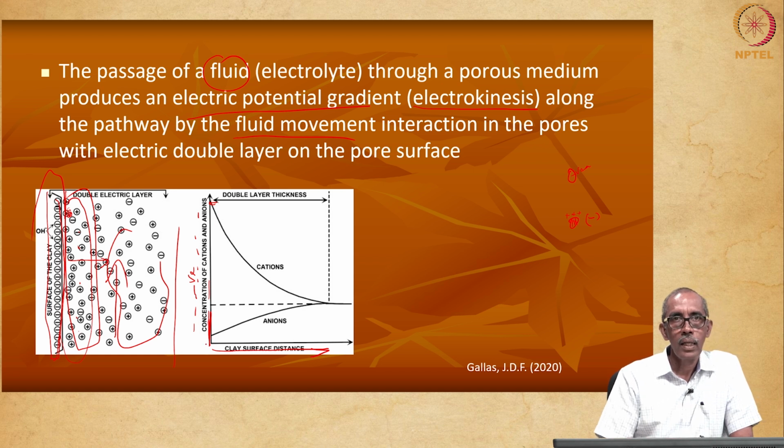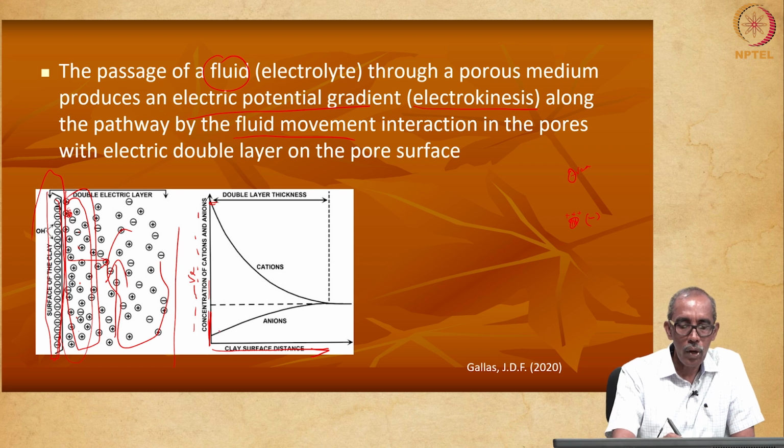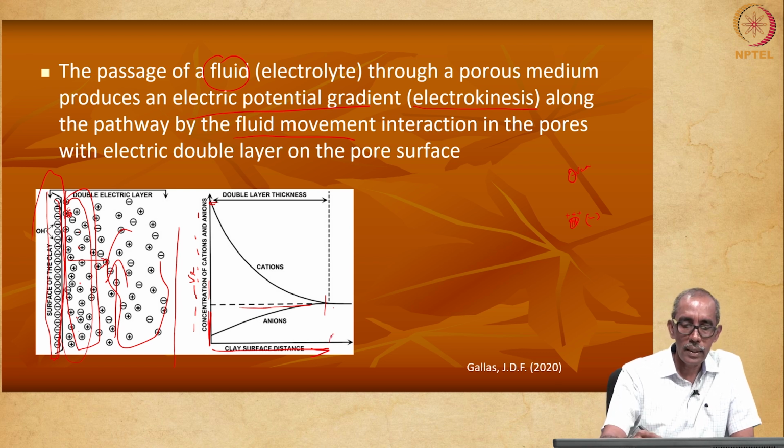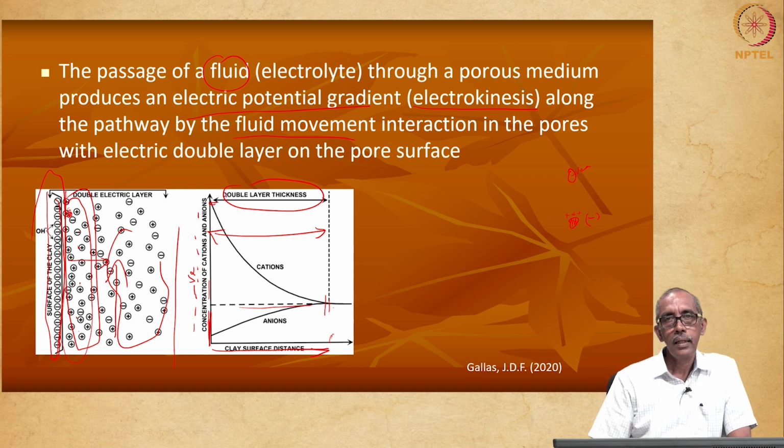closer to the surface. As we move away and away, then beyond certain distance only you have both the positive and negative ions. Okay. So, that is the distance which is called as double layer, right, double layer thickness.